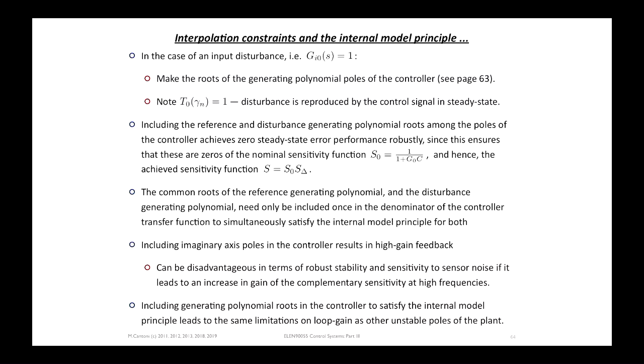Effectively what you're doing is putting open loop unstable poles in place. Poles on the imaginary axis are unstable. And in the analysis that we saw last time, we saw via the integral constraints on the error signal that you need to make sure that the closed loop is sufficiently fast in order to get reasonable transient behaviour when you have open loop unstable poles.